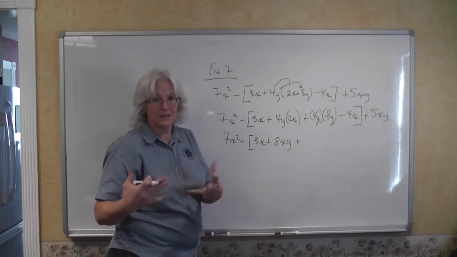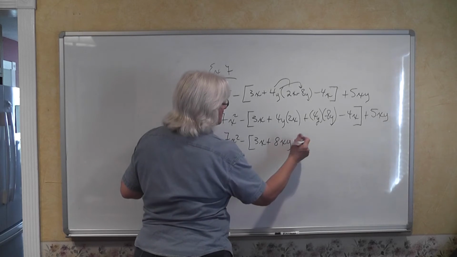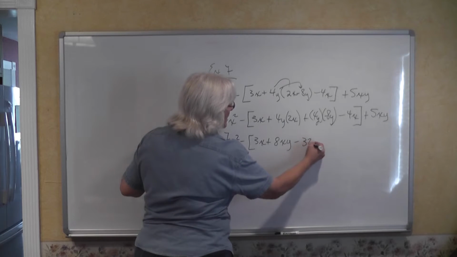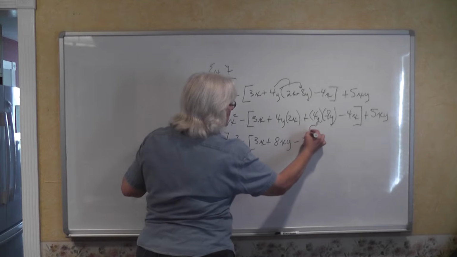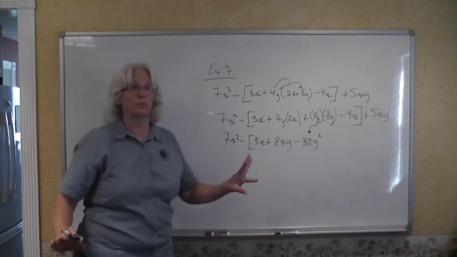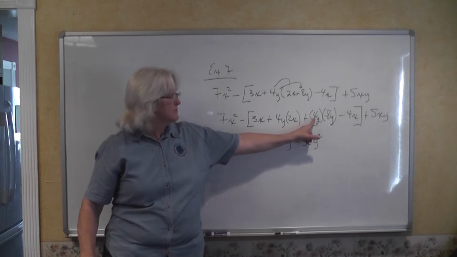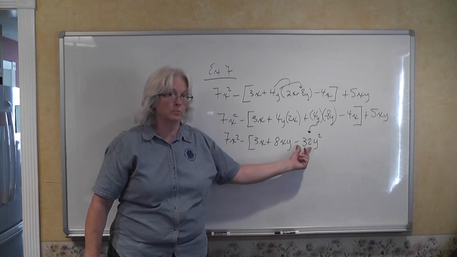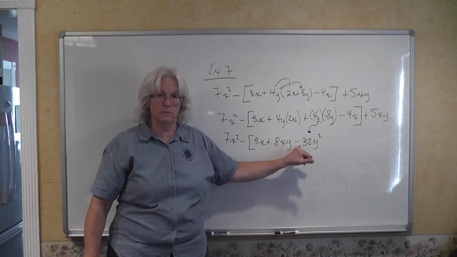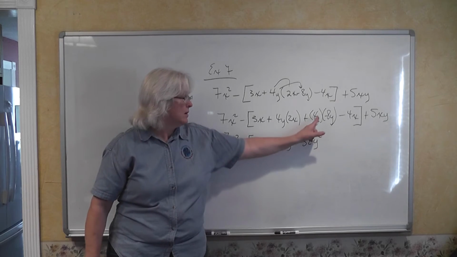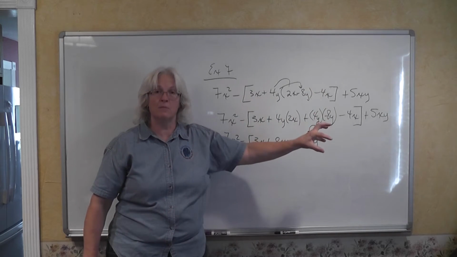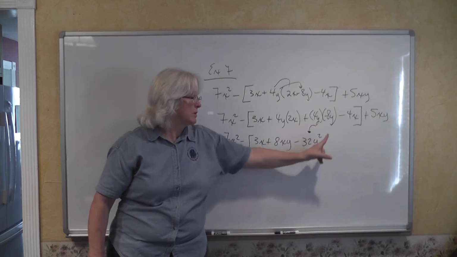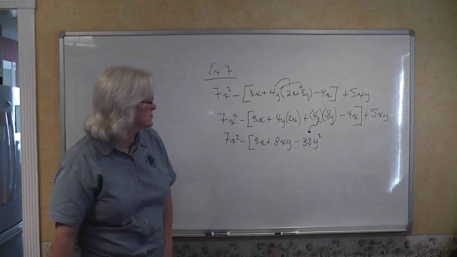Plus a negative is the same as saying minus 32, right? Minus 32y times y is equal to y squared. Make sure that you understand where this came from. Plus 4 times negative 8 would be plus a negative 32. Plus a negative 32 is the same as minus 32. Y times y, we have the same base and the same exponent. The exponent is 1. You add them. 1 plus 1 is 2. Y times y is y squared.